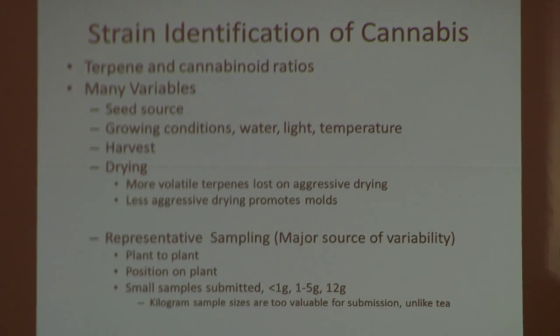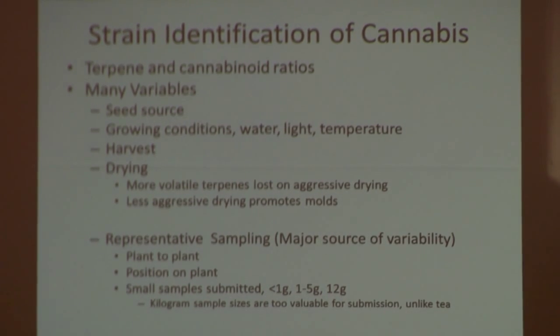So learning these ratios and their physiological effects on people is becoming an interest in and of itself within the cannabis community. But there are many variables in the ratios of these cannabinoids and terpenes: the seed source, the growing conditions, how you harvest, when you harvest, even how you dry the cannabis.